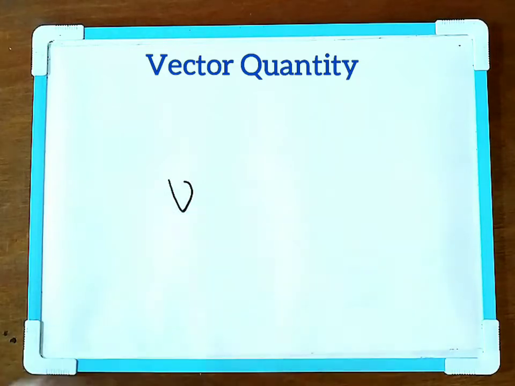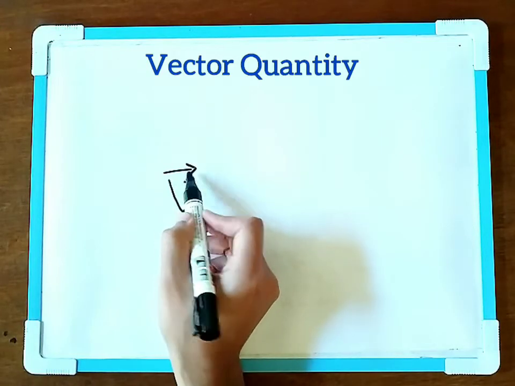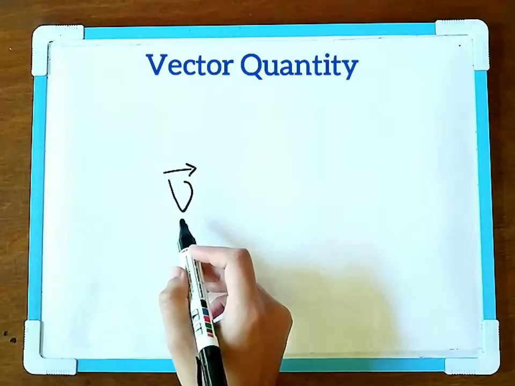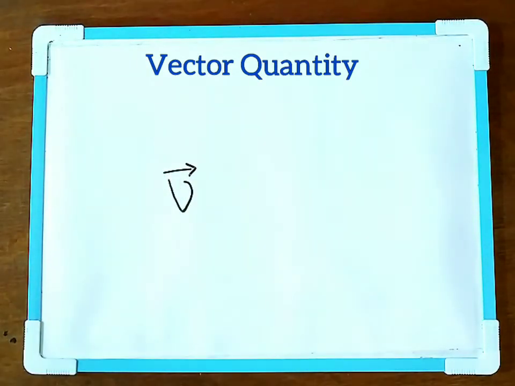In order to denote this velocity as a vector quantity, we draw an arrowhead above this letter. So here you have velocity. This arrowhead will indicate that this velocity is a vector quantity. Now a vector quantity has magnitude and direction.